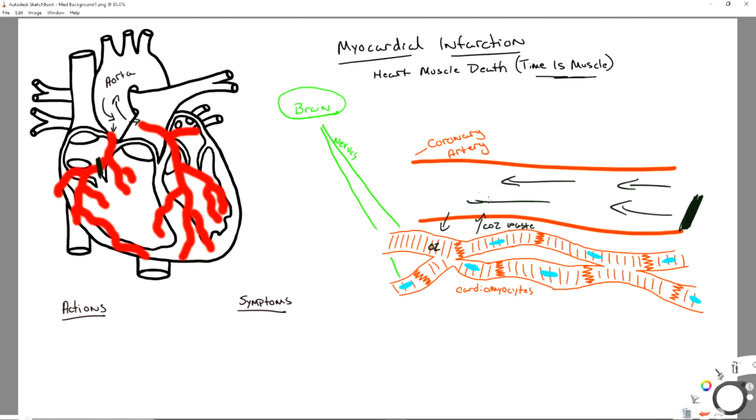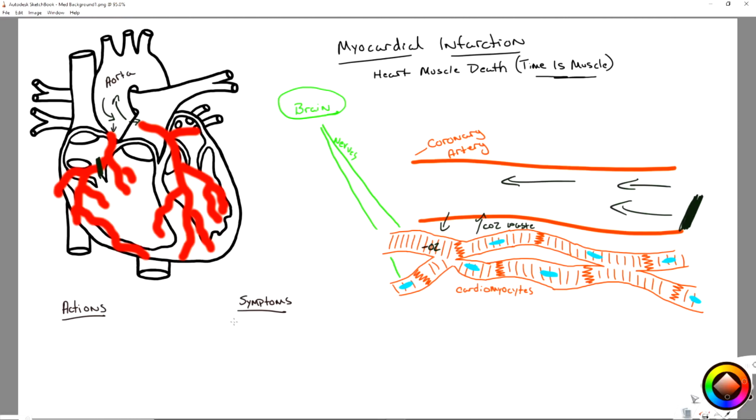So you're still going to have perfusion, but you're going to have less perfusion because there's only so much blood flow now getting past this clot. So heart muscle cells are now going to start getting oxygen depleted, okay? And you're going to get your first symptom.